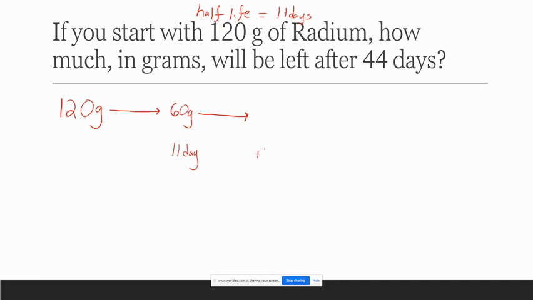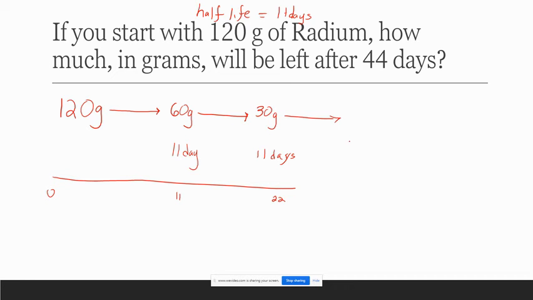After another 11 days, so how many days total is that so far? So our running timeline here, so far we're at 22 days total. If we go another 11 days, we're now down to 30 grams.